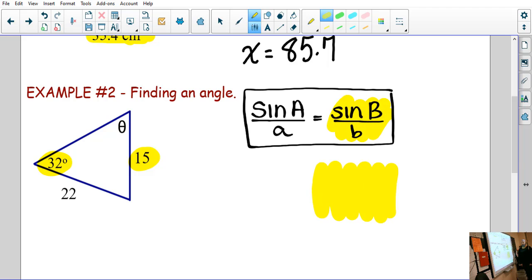So I'm going to put that over here. And then there's going to be one other piece of information, and what the formula will do is give you that other partner that we were missing for the 22.